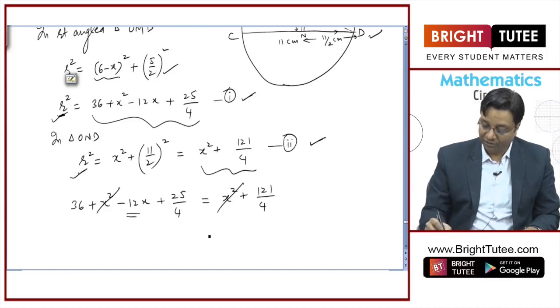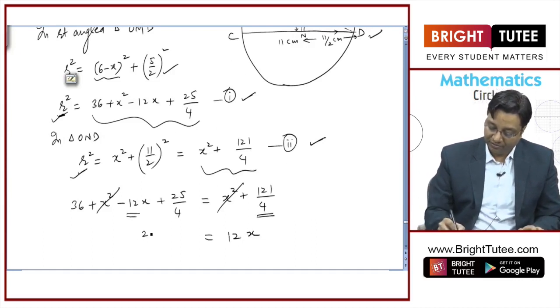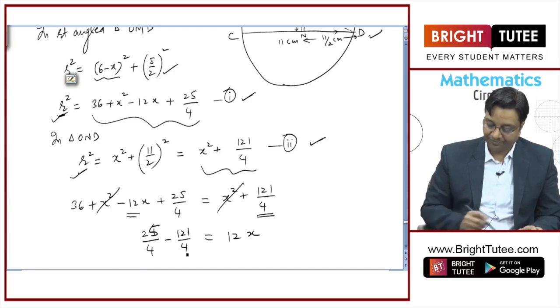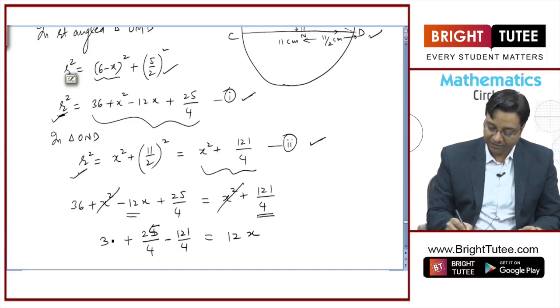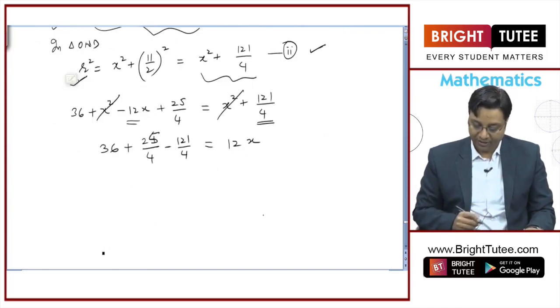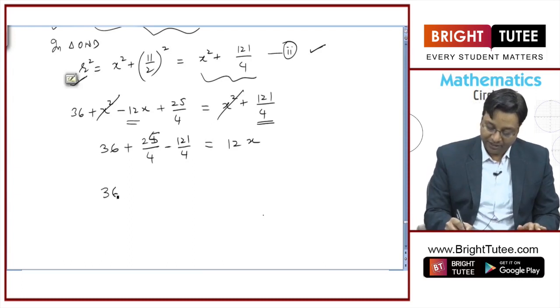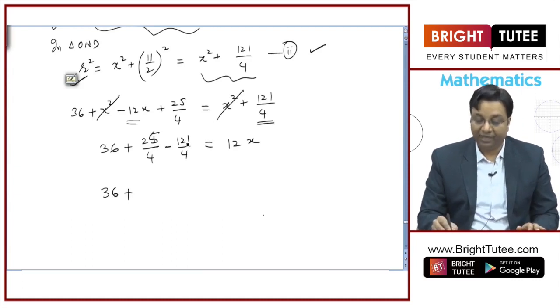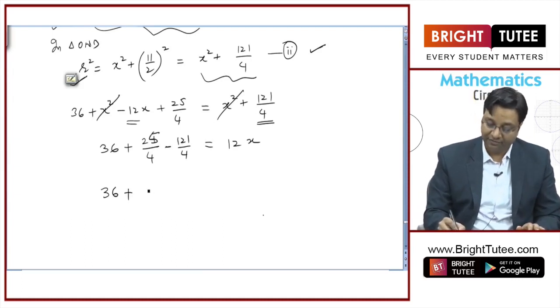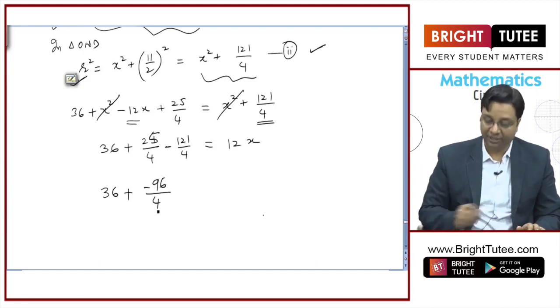If I bring 12x on the right hand side, this 121 by 4 will come on the left hand side and this 36 will remain as it is. Now 36 plus, 121 by 4 is with a negative sign, so 25 minus 121 is negative 96, so minus 96 by 4 will be here.